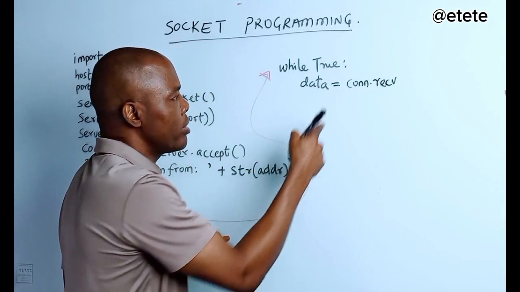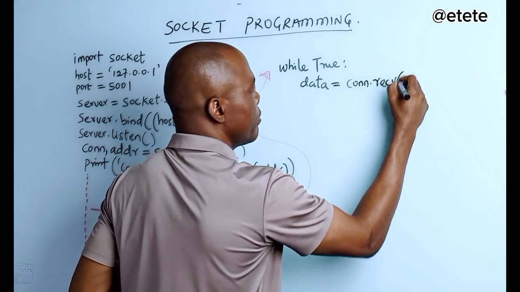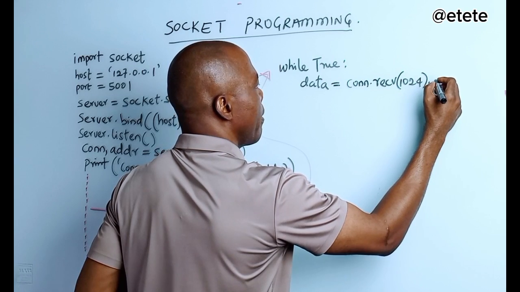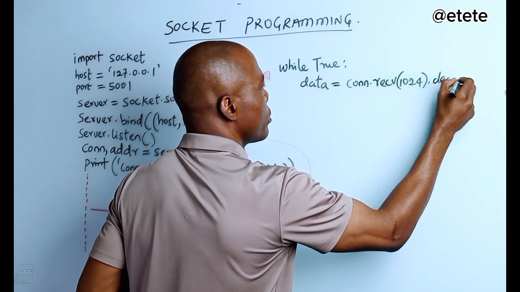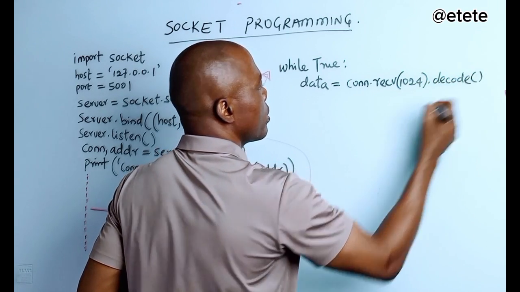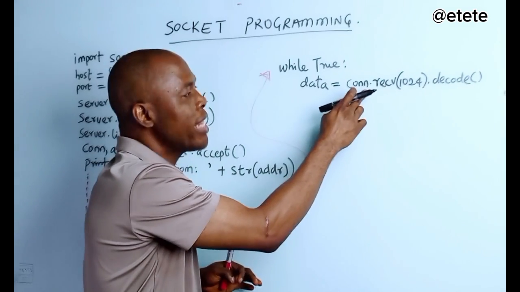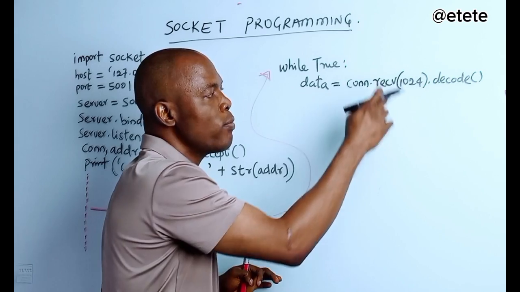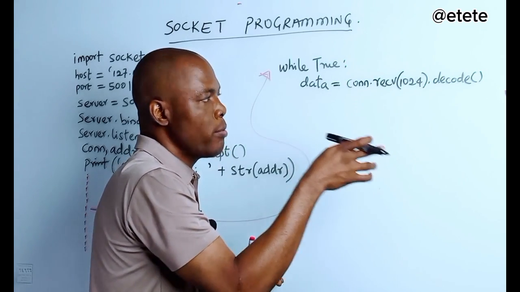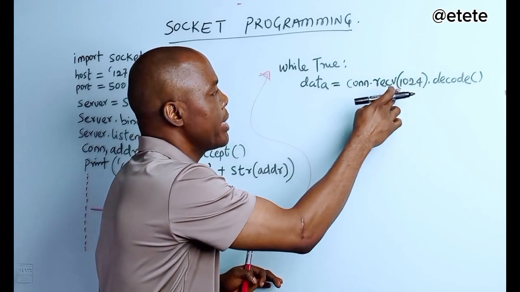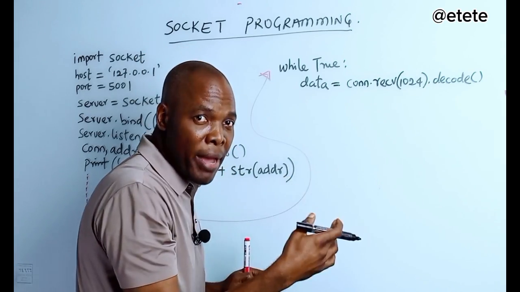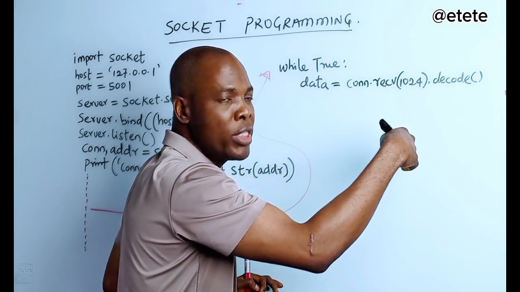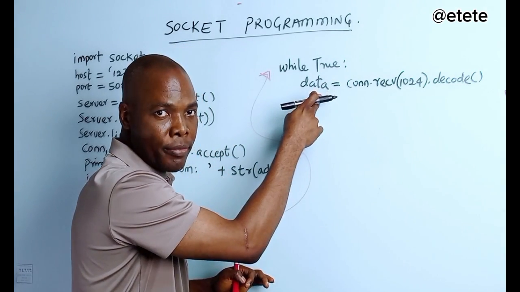So what you are doing is you are using that connect object and calling the receive method to receive 1024 bytes from the client. And then because it's coming in bytes, you have to pass it to this decode method. So this decode method will now decode it and convert it to a string and store it here, right?